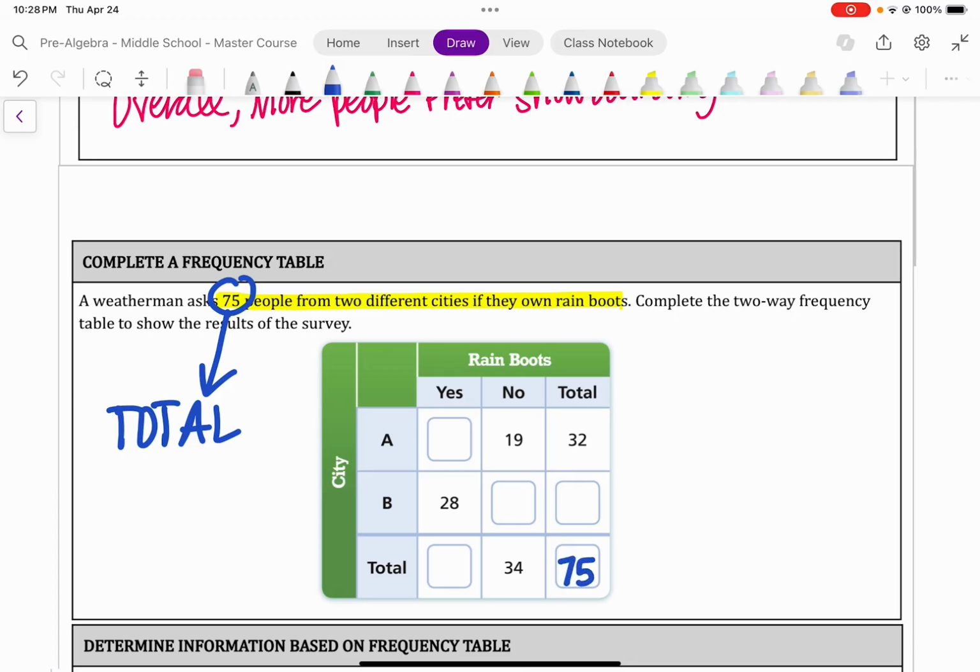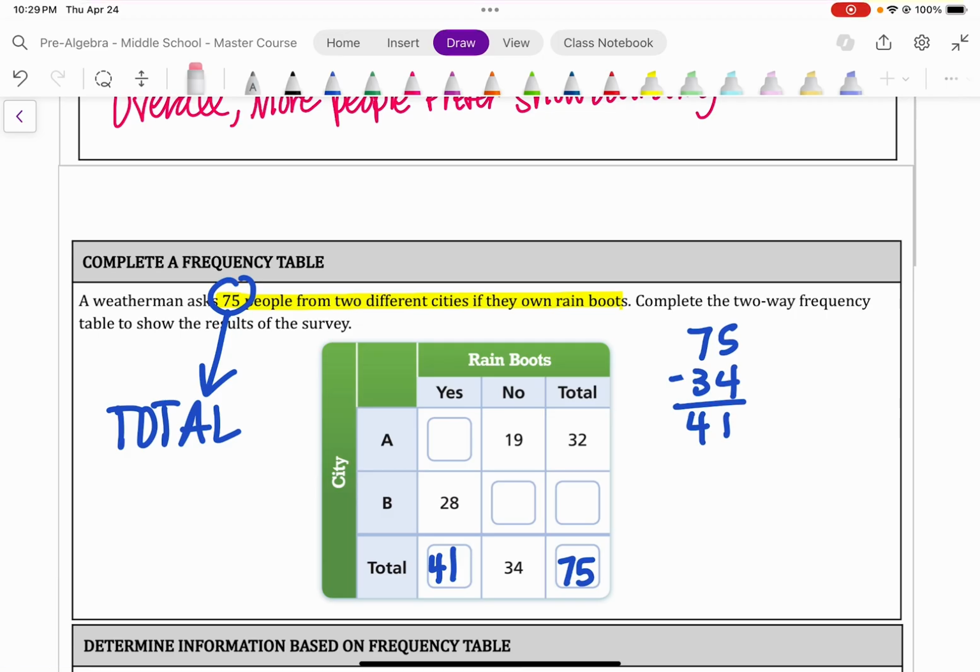If 34 people don't own rain boots, but those 2 boxes equal 75, that means this box would be 75 minus 34. So 41. Now I can see, I'm just going to start filling in empty boxes. It's kind of like a puzzle.